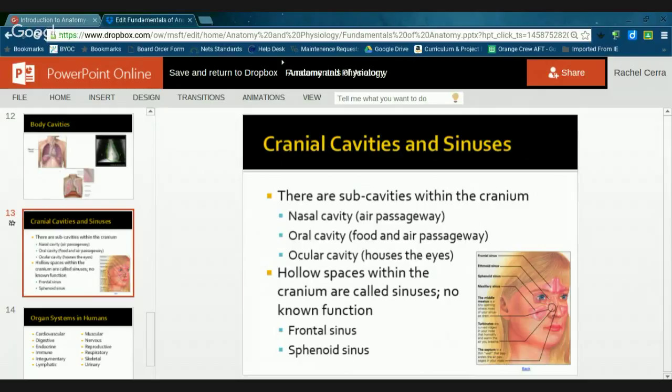You have your nasal cavity, which contributes to your air passageway and allows air to go through. Then you've got your oral cavity, which is where food would come through. And you've got your ocular cavity, which is where your eyes are located.